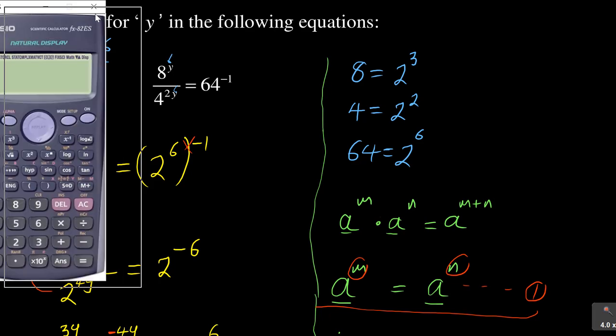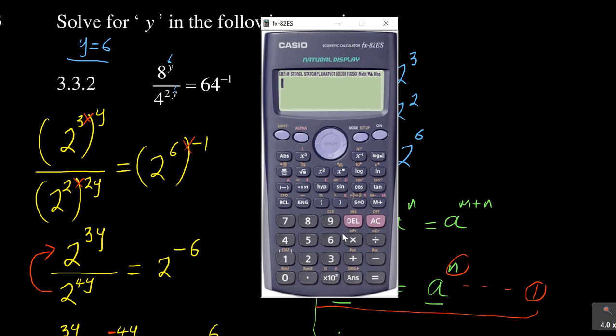So if I check with my left hand side, I have got the fraction 8 to the exponent y, which is 6, over 4 to the exponent 2. Now remember my y, you can put a bracket and put a 6 there, or you can say 2 times 6. If I put an equal sign, I'm getting 1 over 64 here.